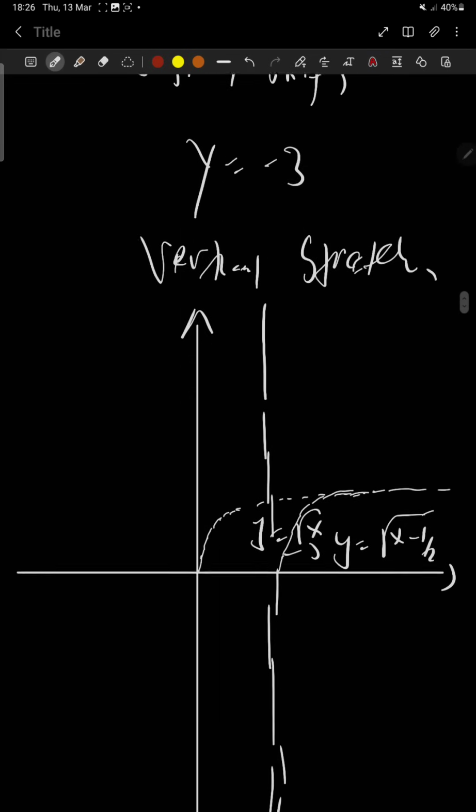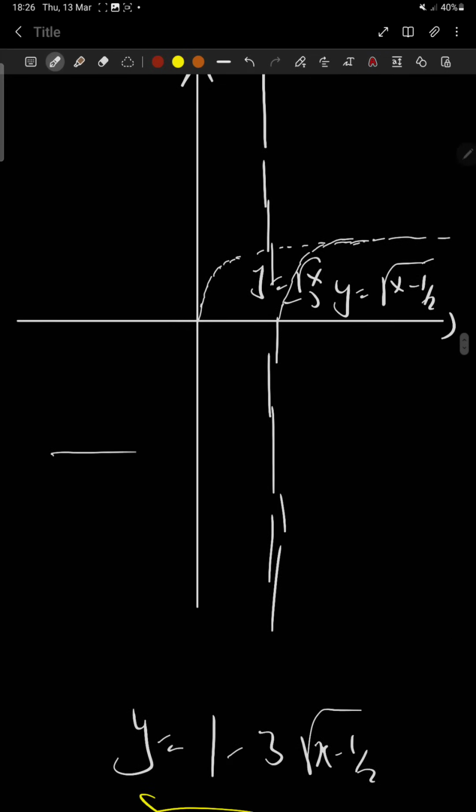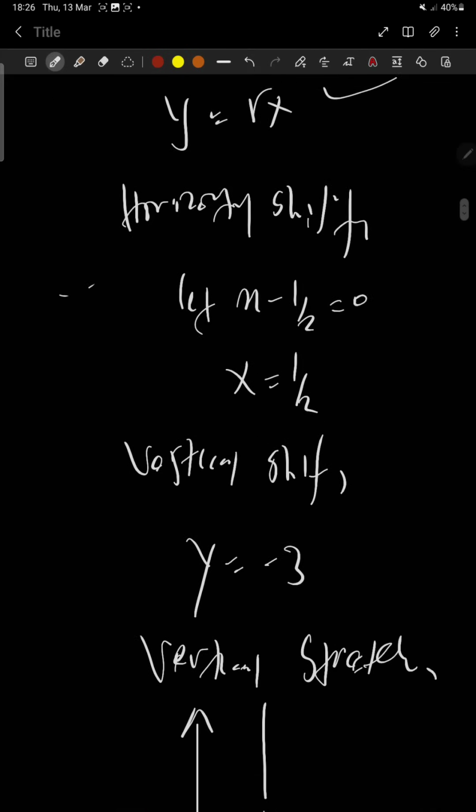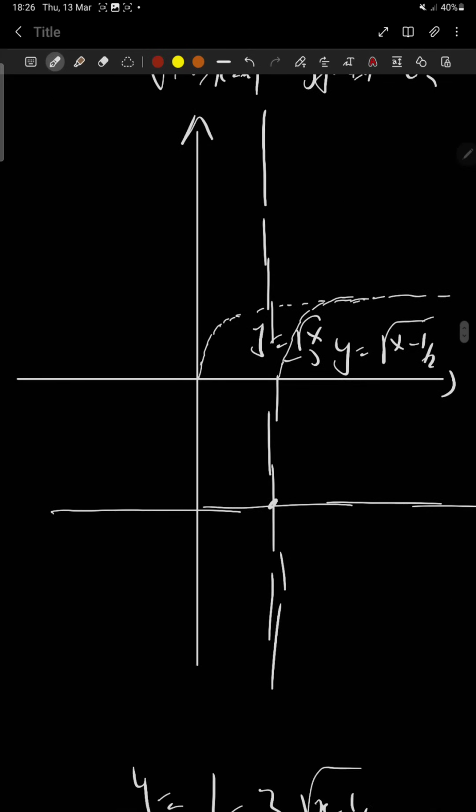After that it goes to negative 3. It will be there, right? So it will go to minus 3, sort of. This is y equals the square root of x minus half, minus 3.